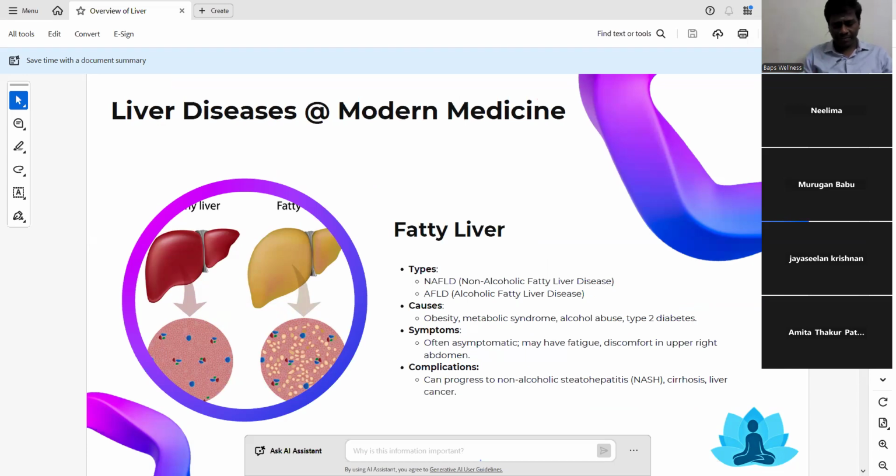Out of 100 general persons who go for some other reason to get their abdomen scanned, at that time only they get to know that they have fatty liver. Most probably grade 1, and it would be a shock for them to know that they have fatty liver.